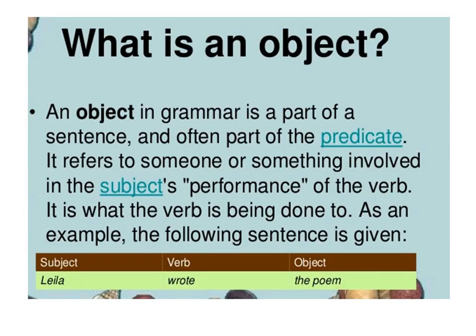An object in grammar is a part of a sentence and often part of the predicate. It refers to someone or something involved in the subject's performance of the verb. It is what the verb is being done to. As an example, the following sentence is given.